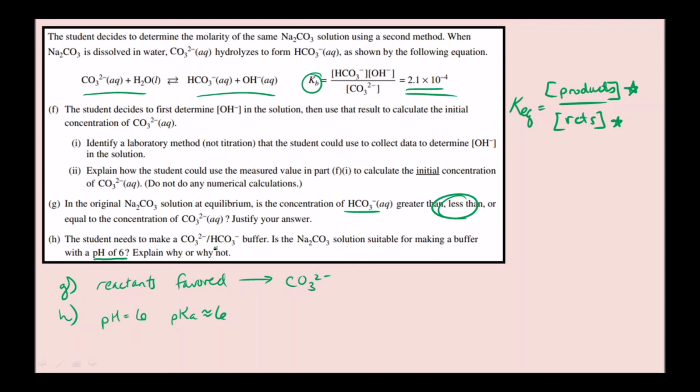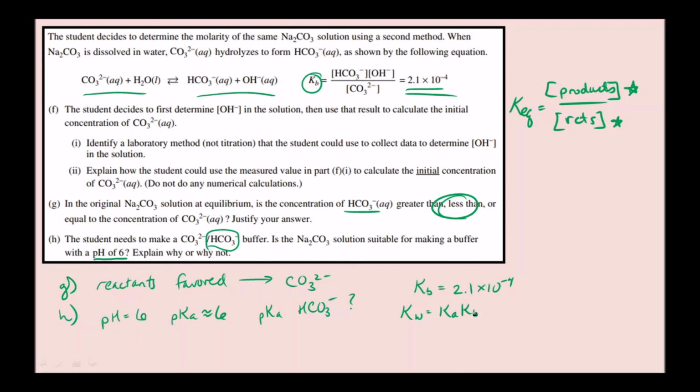And what's our acid? It's the HCO3-. So what is the pKa of HCO3-? We can calculate it. We know that the Kb is equal to 2.1 times 10 to the negative 4. Kw is equal to Ka times Kb.